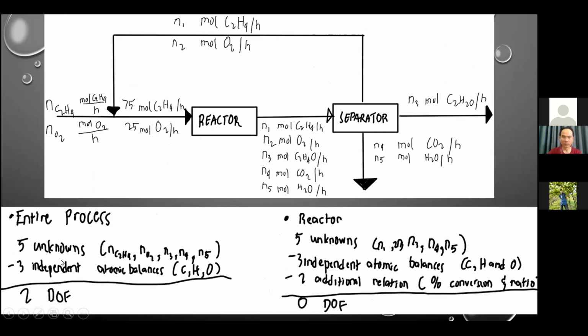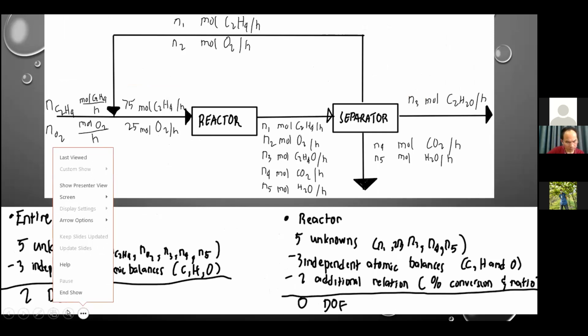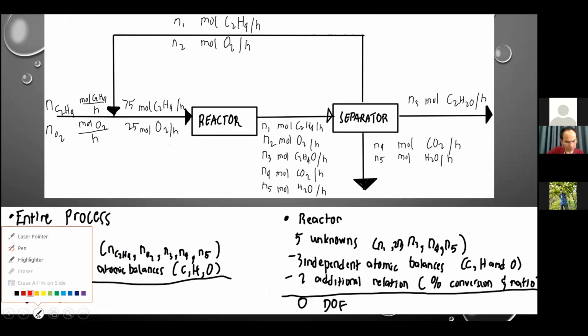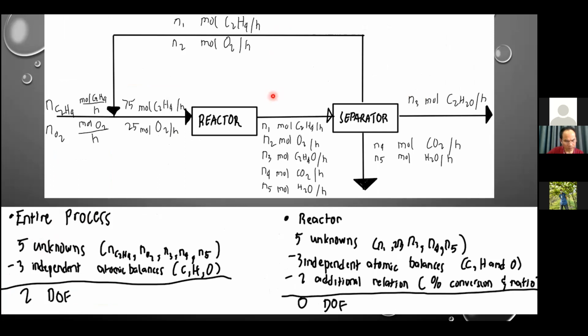Honestly, I'm not sure about some of my degree of freedom analysis. I don't know if I've done it correctly, but I'll try. Since we have more than one reaction, I think it's ideal to use the atomic species balance to analyze the degree of freedom of each system.